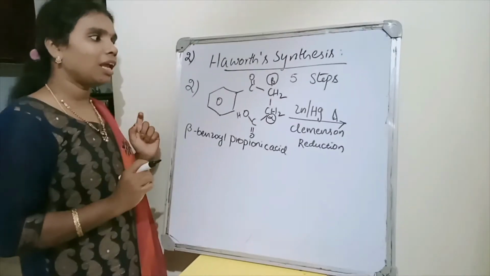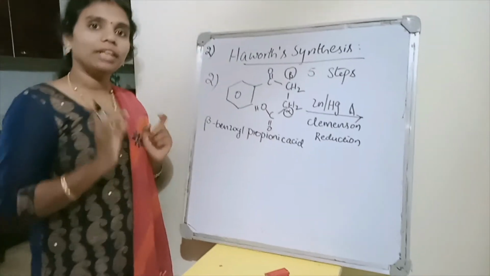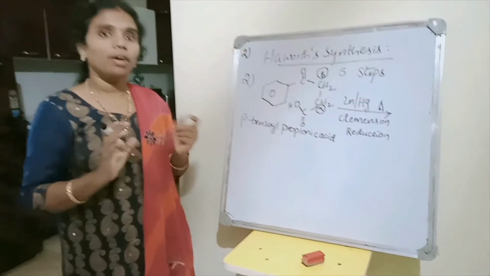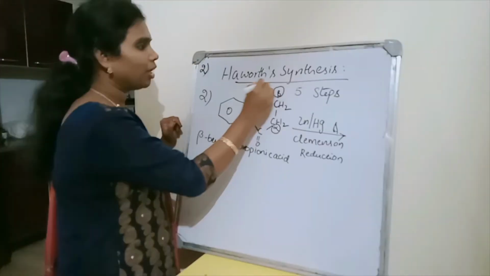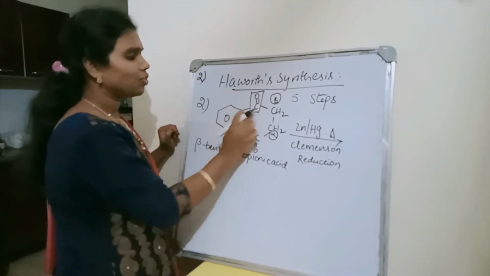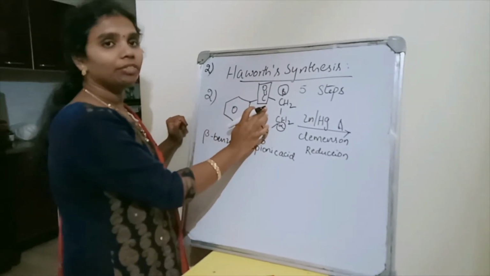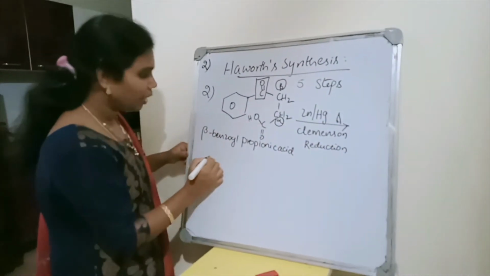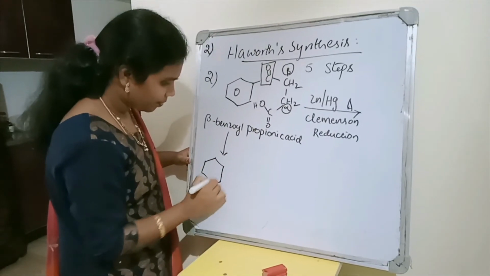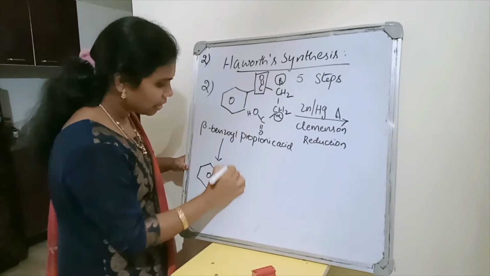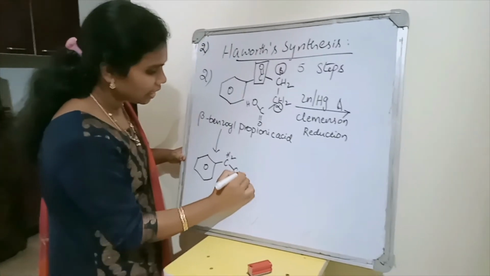Always remember, whenever any carbonyl compound undergoes Clemmensen reduction, it will give hydrocarbons. So the moiety attached to this benzene will be converted into a CH2 moiety. So it will form a compound; you can write first CH2 and the remaining chain is the same.